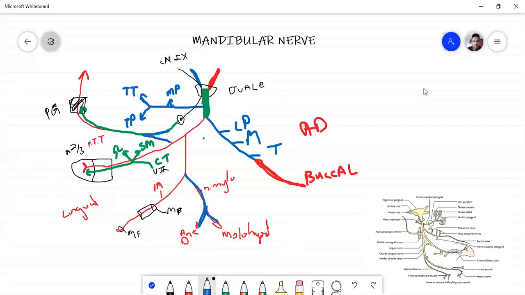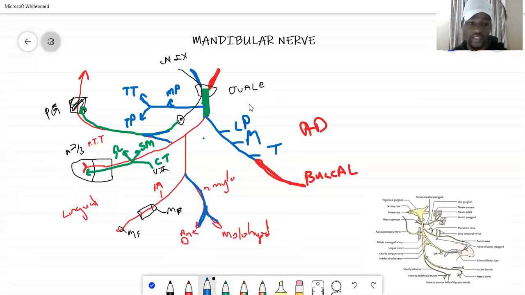Because the only cranial nerves that have parasympathetic fibers are cranial nerve number 3, number 7, number 9 and 10. So it is just your oculomotor, your facial nerve, your glossopharyngeal, and your vagus nerve. Those are the only ones which have parasympathetic fibers.